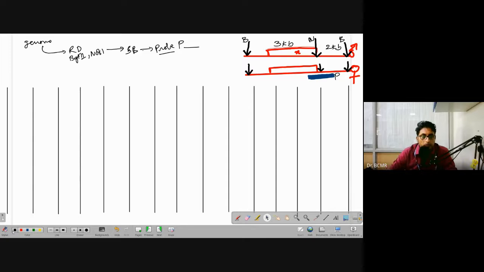There's one more line we have to draw. And I hope you remember that in some cases we would have digested with only BGL2, and in some cases with NOT1 and BGL2.